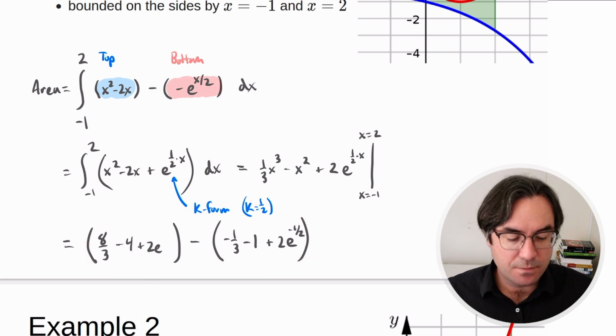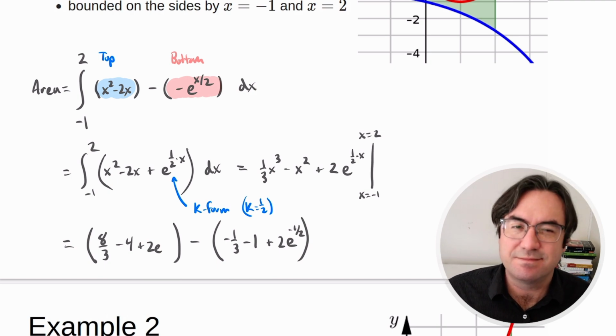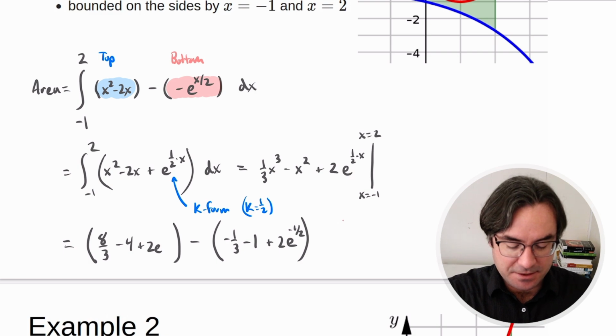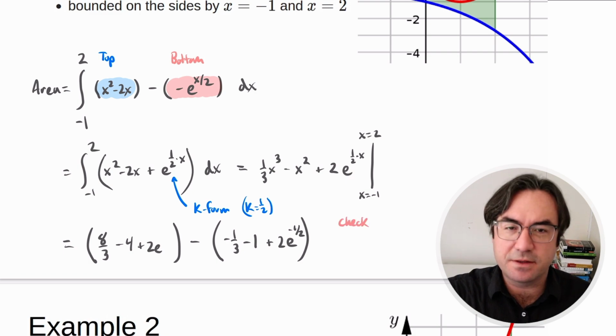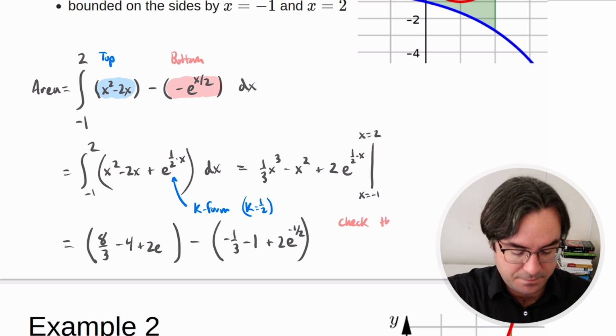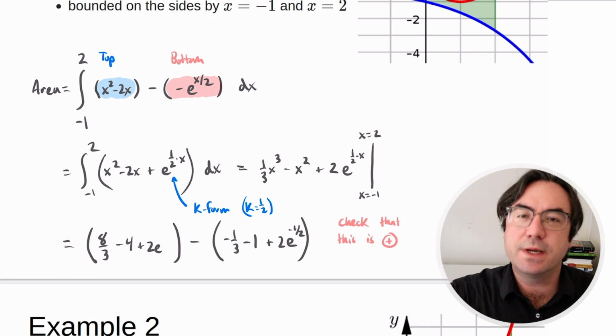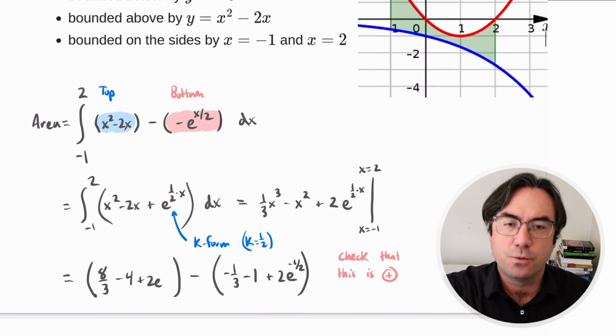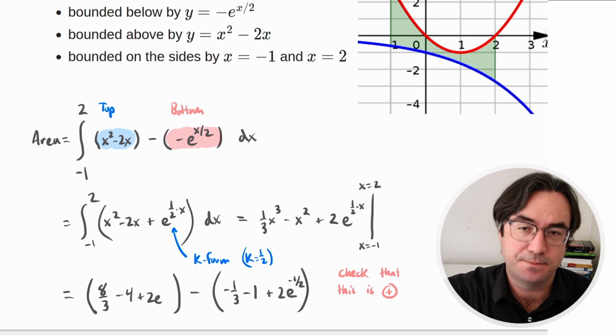And if you did, a way to check your work is, if you want to plug this into your calculator, check that it's positive. Because we're doing an area calculation, the area should always be positive.